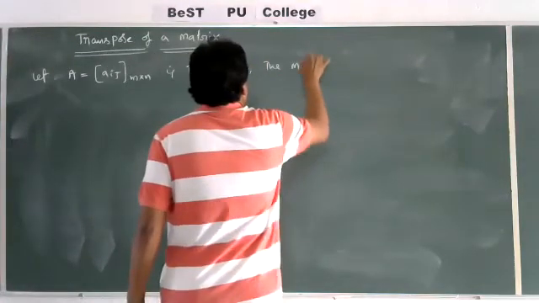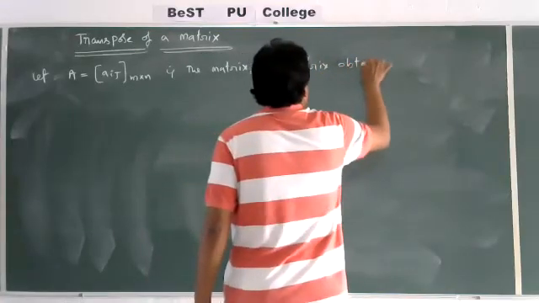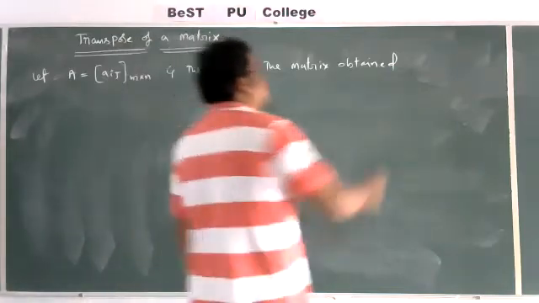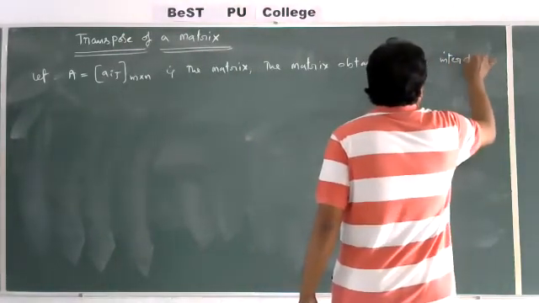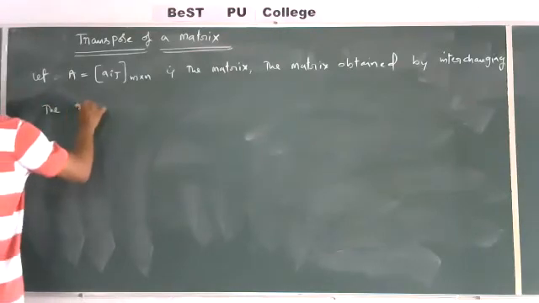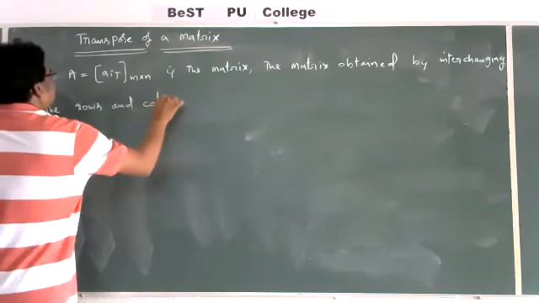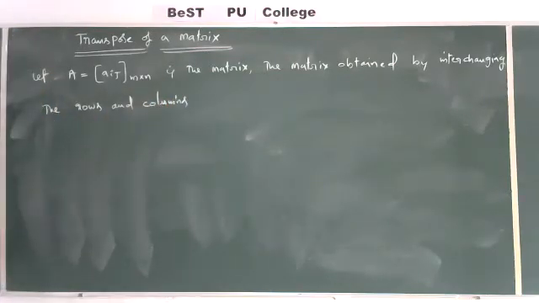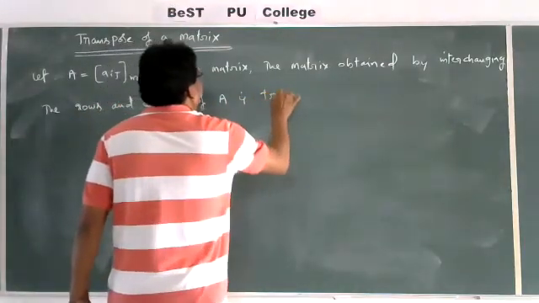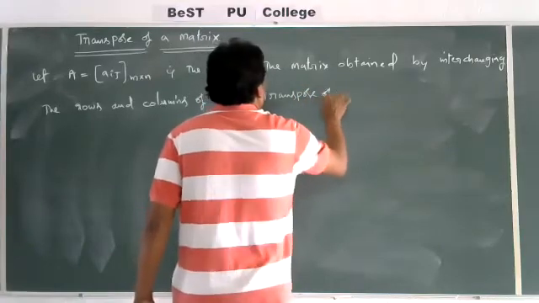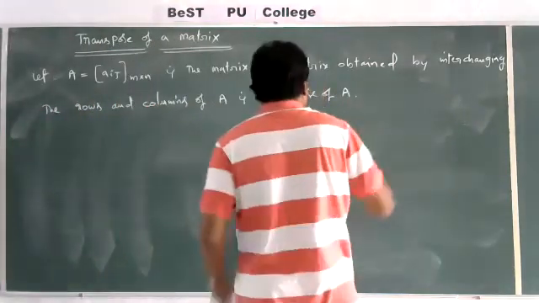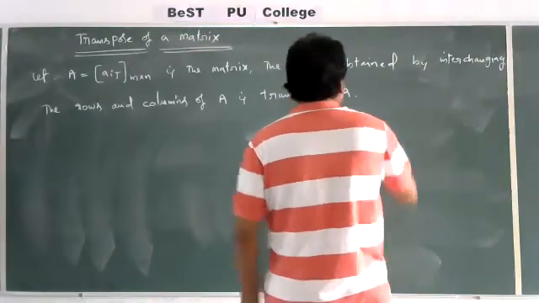The matrix obtained by interchanging the rows and columns of A is called transpose of A.